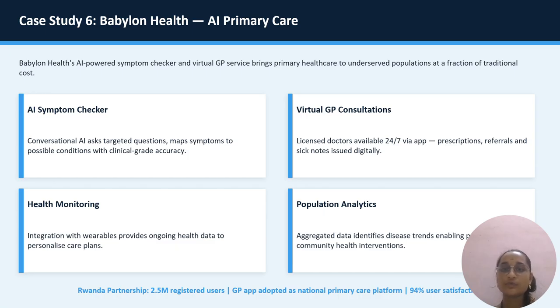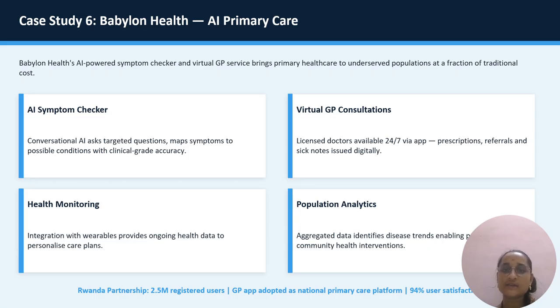There are four core features: AI symptom checkers and virtual GP consultation, health monitoring, population analytics, and impacts Rwanda partnership, 2.5 registered user, and a GP app adopted as national primary care platform.